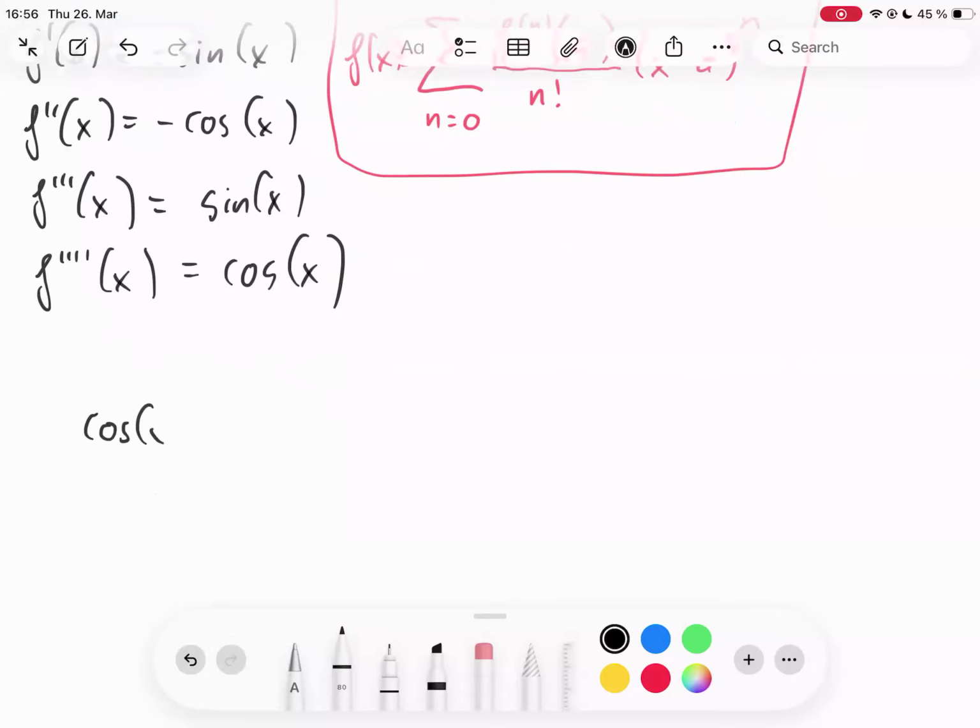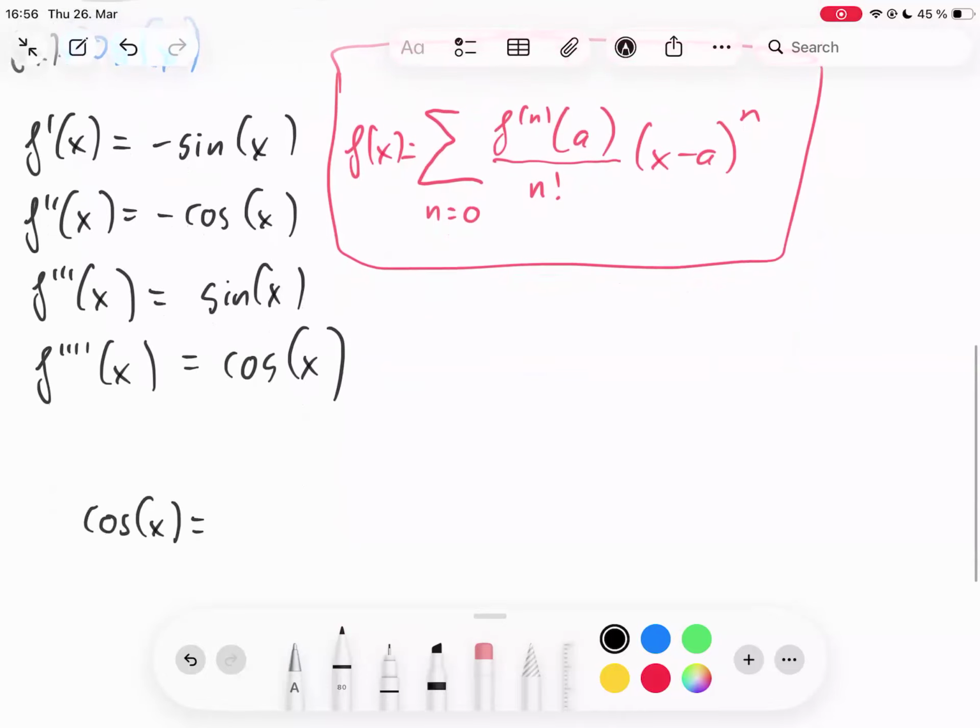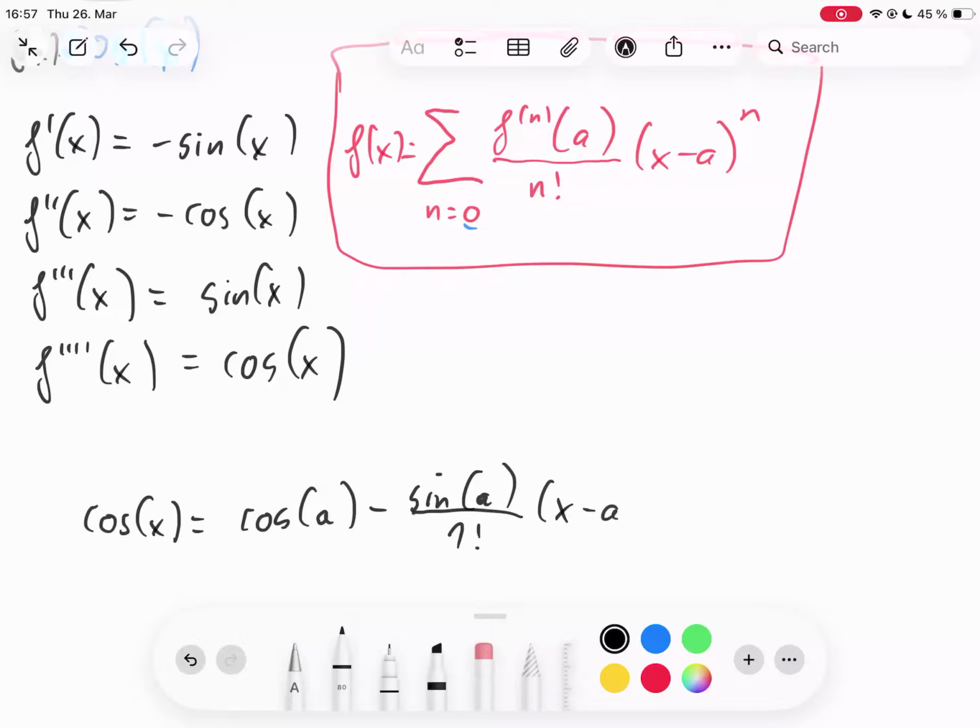So we can say cosine of x is, we start with the 0th, that means no derivative, just cosine of a, plus we take the first order derivative, which is a minus sine, so we remove this plus and put a minus there, minus sine of a divided by 1 factorial times x minus a.